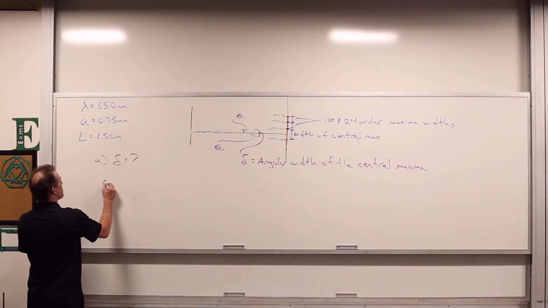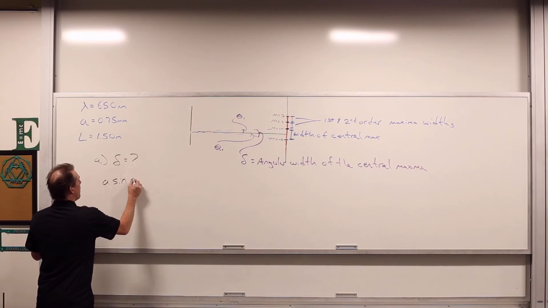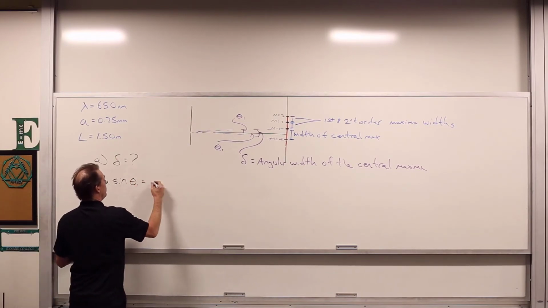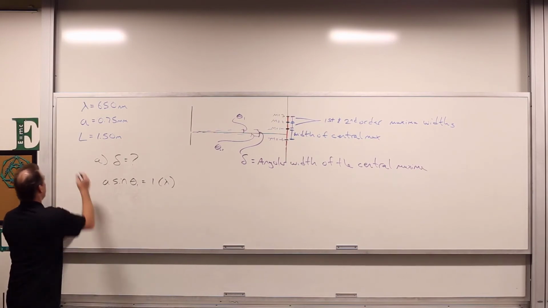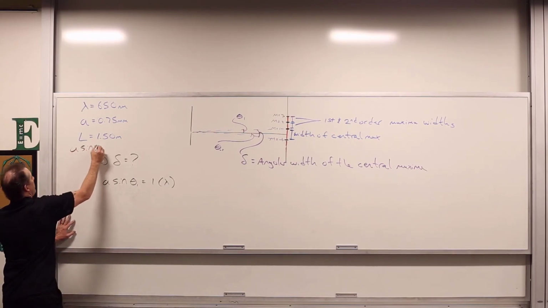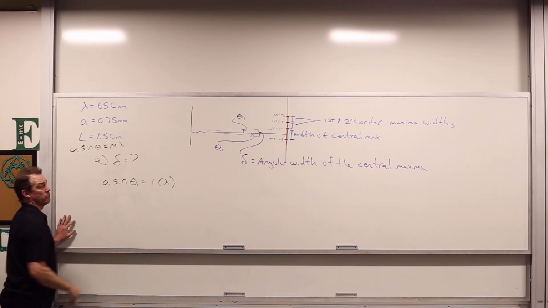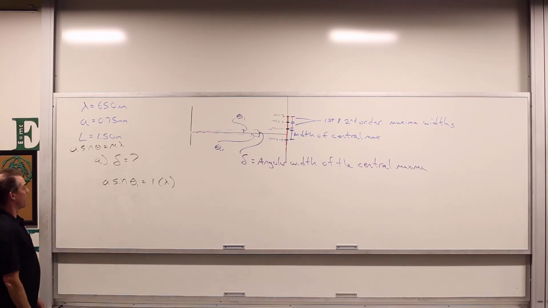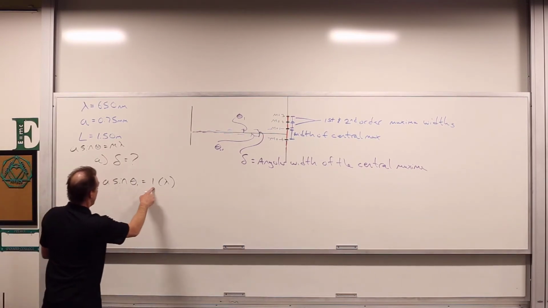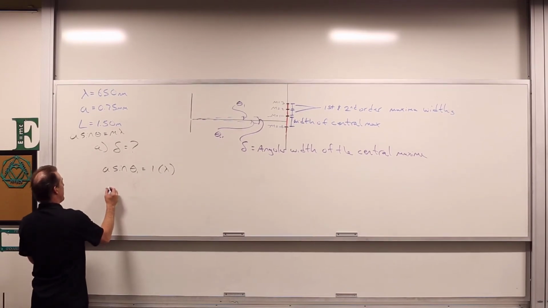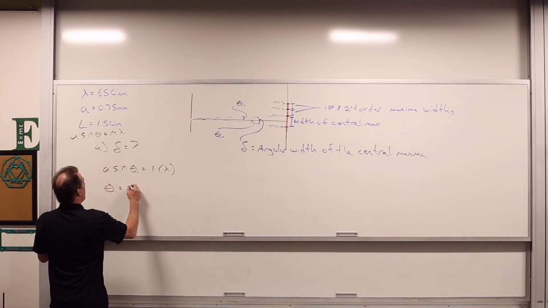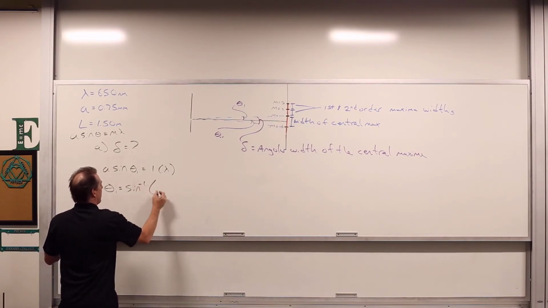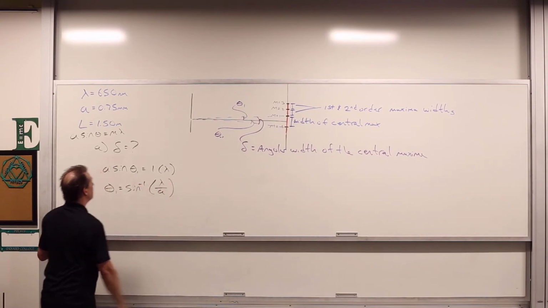So we've got A times the sine of theta 1 is equal to 1 times lambda, because ultimately A sine theta is equal to m lambda, as we've just discussed. So theta 1 is then equal to arcsine of lambda over A.